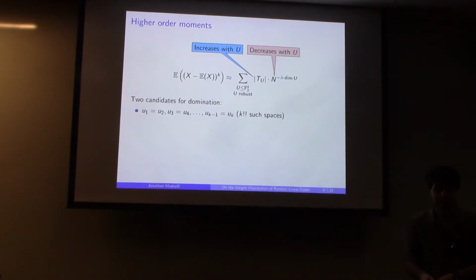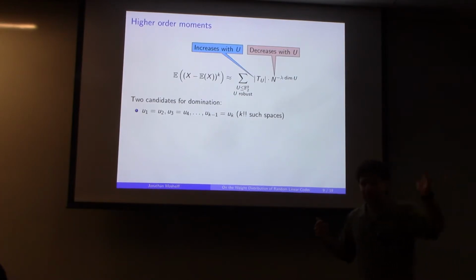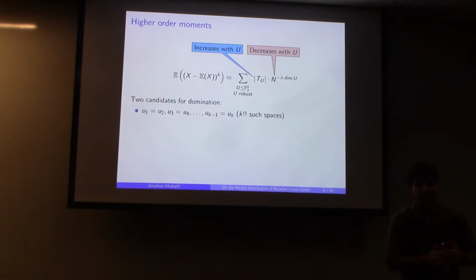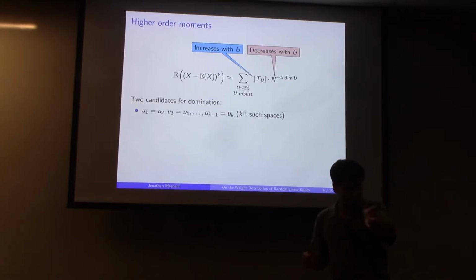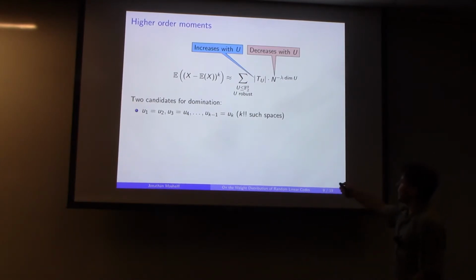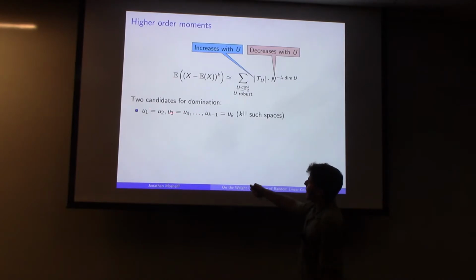In the binomial distribution case, after I see that all tuples in which a variable appears just once vanish, the type of tuple that is left dominating is when I take tuples of size k in which k over 2 variables appear each twice. So this is exactly the type of spaces that can dominate here as well.